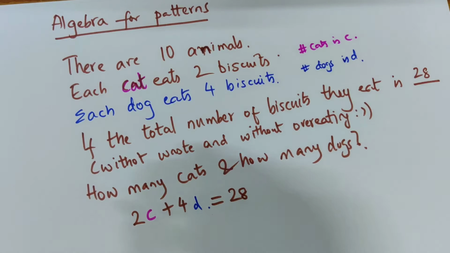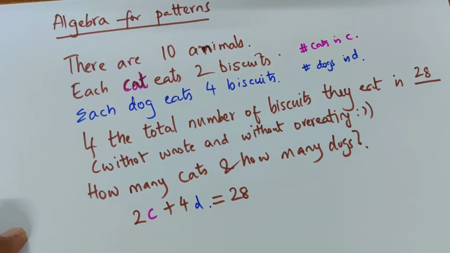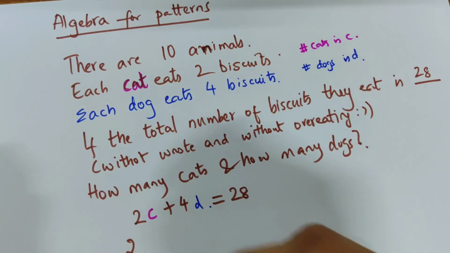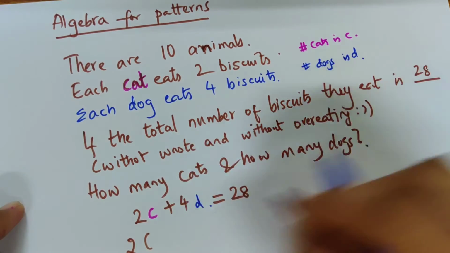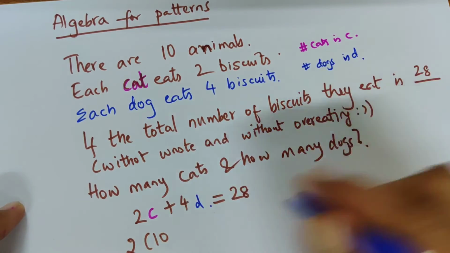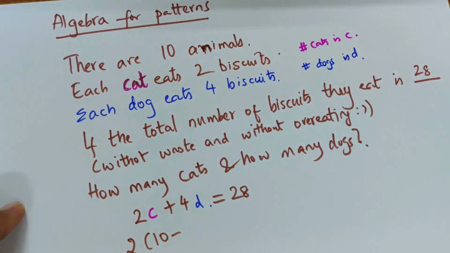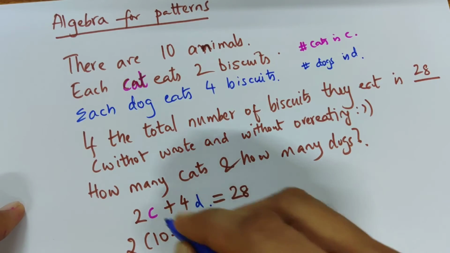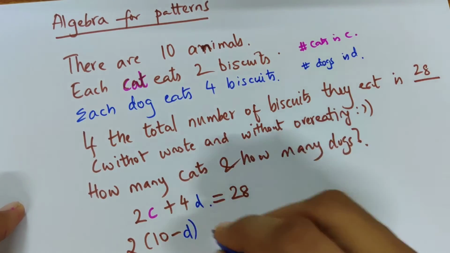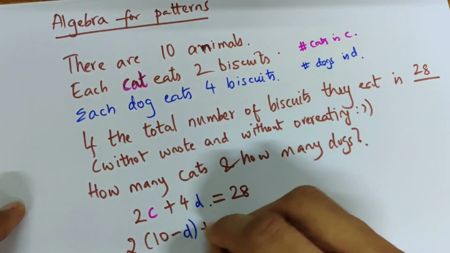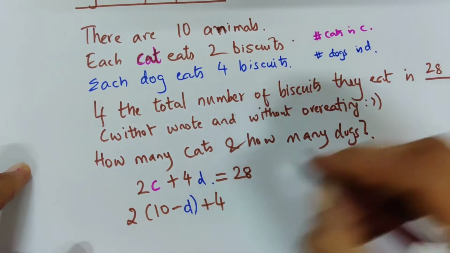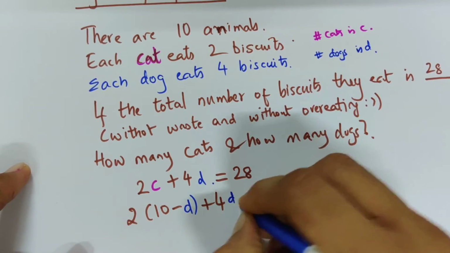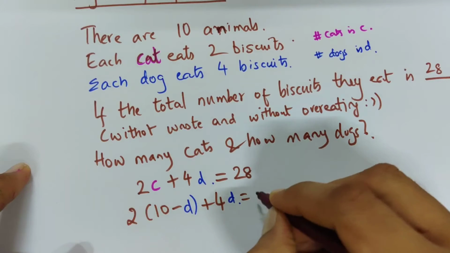So I can just substitute that. If I use the substitution method, then C is 10 minus D, the number of cats is 10 minus the number of dogs, so 2 times (10 minus D) plus 4 times D is equal to 28.